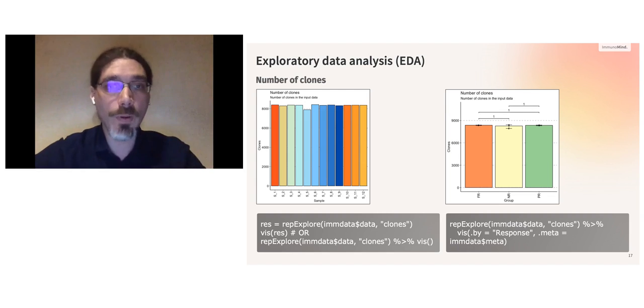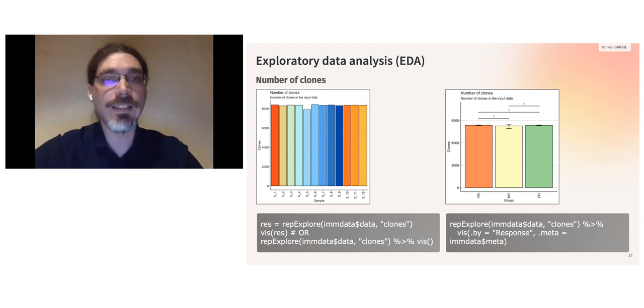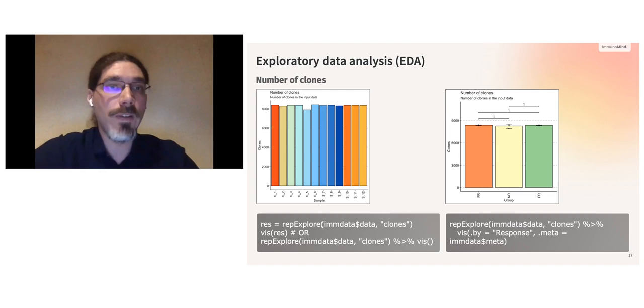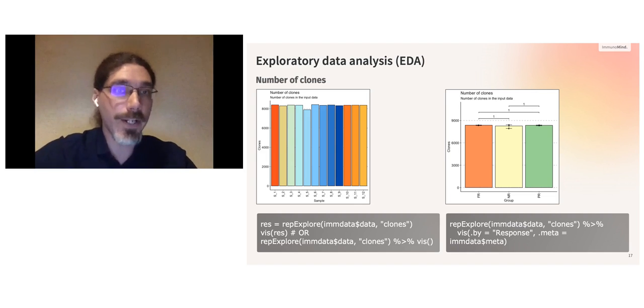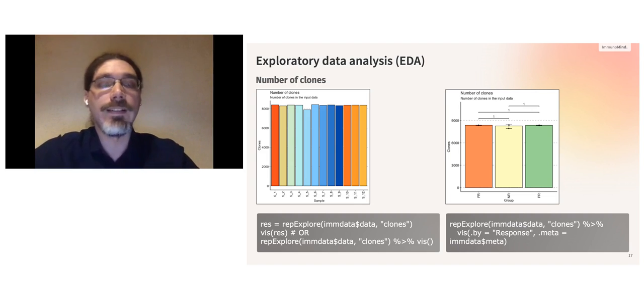You can group by them. You can group the statistics by them and also see the statistical differences between these groups. Again, everything is done automatically in the vis function. This is not a great example of this statistical analysis, but it is much more important at later stages of the analysis.